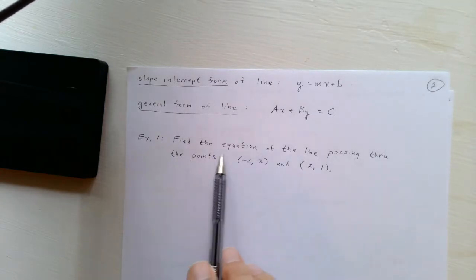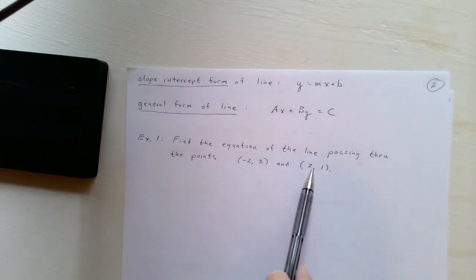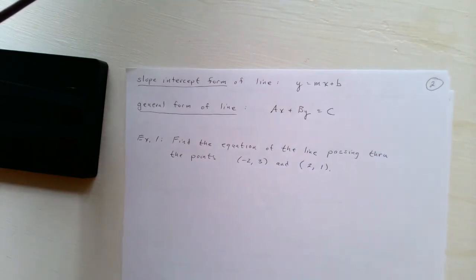In this first one, we want to find the equation of the line passing through the points (-2, 3) and (2, 1). In this case, you always want to find the slope first and then go from there.